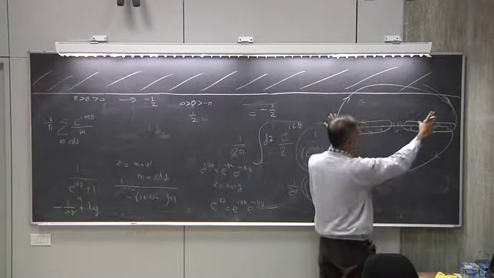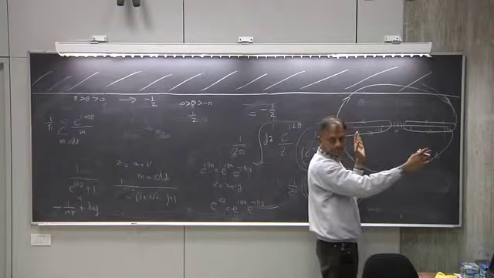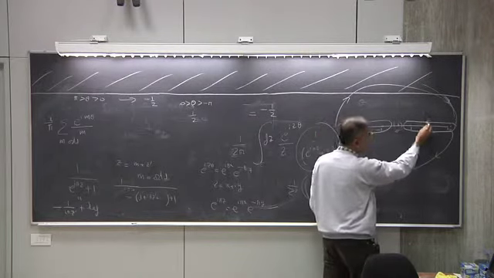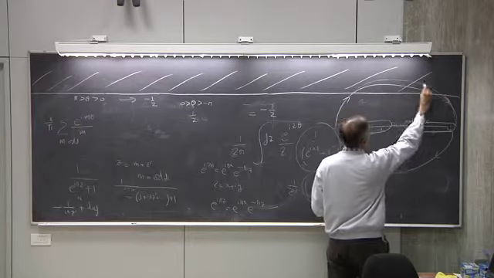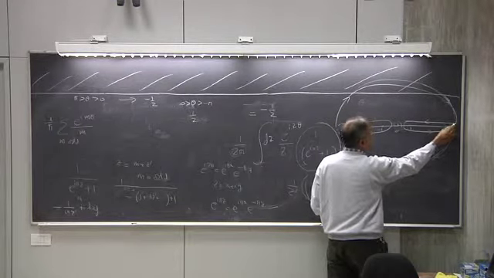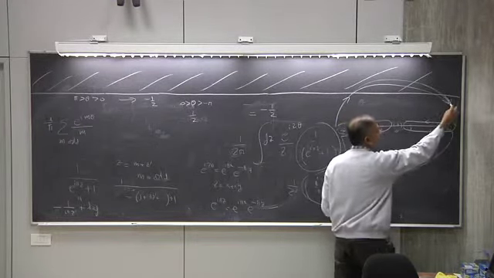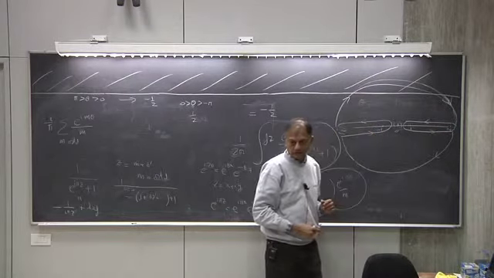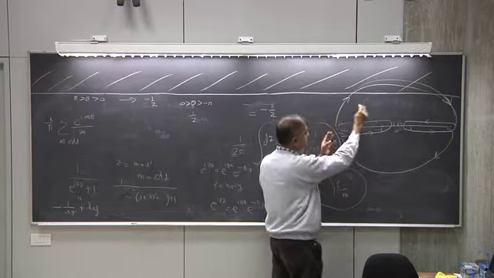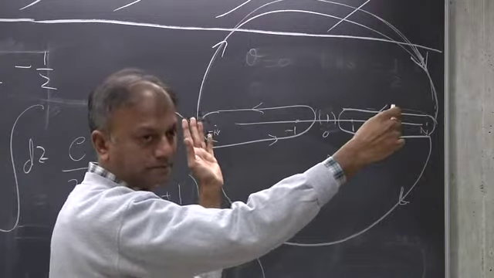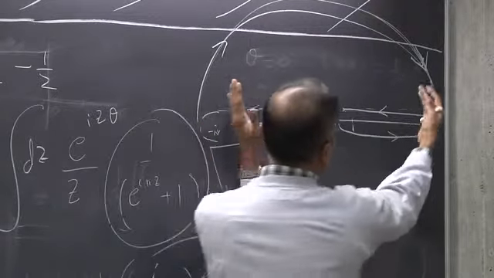But since I don't put a minus sign, I'm choosing a counterclockwise direction, right? Now I want to extend this contour to a big contour, right? But the orientation is this here. So if I want to consider it as a contour like that, then it has to come here. So obviously it has to be in this arrow, right? And similarly, it comes here, it goes like that. So now you see it's one big contour, right? Now I start deforming this contour.